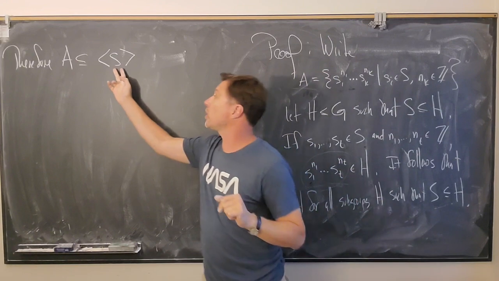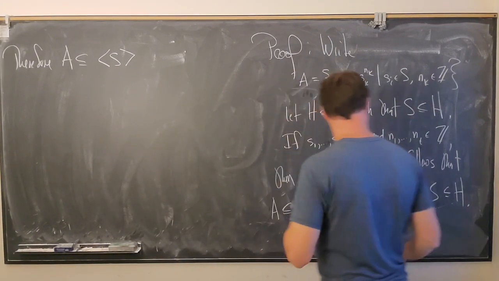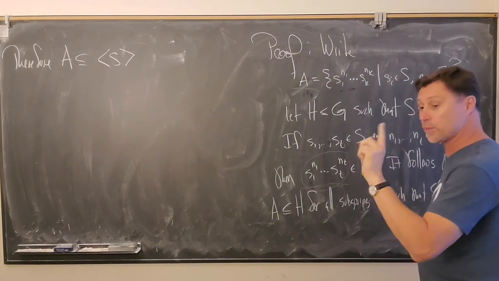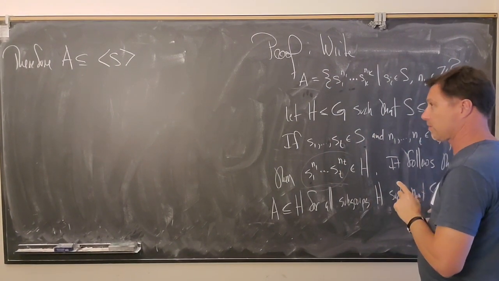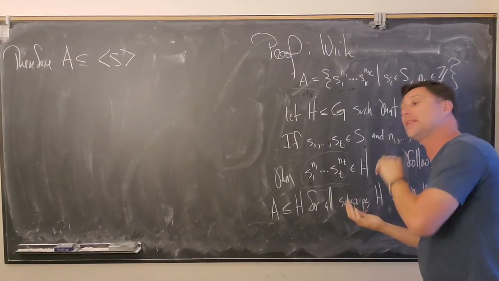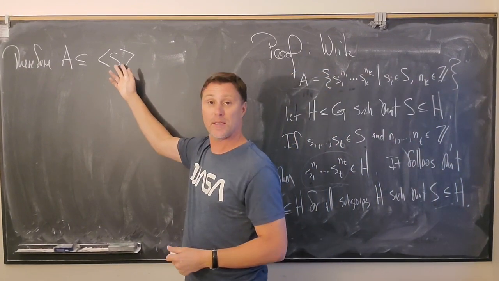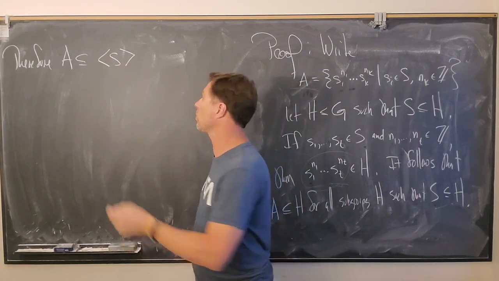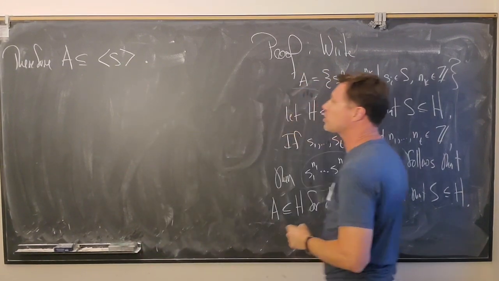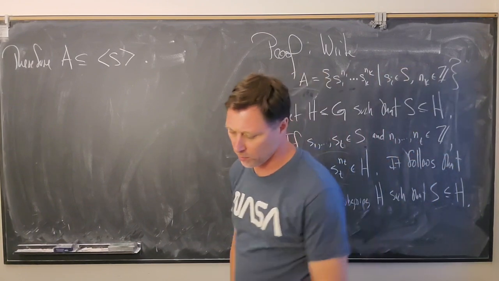The subgroup generated by S is the intersection of all subgroups of G that contain S. So if A lives in every one of those subgroups, that means that it lives in the intersection of those subgroups. And this right here is the intersection. Okay? All right, so what I have is containment in one direction. I have that A is contained in angle bracket S. Now I need the other way around.